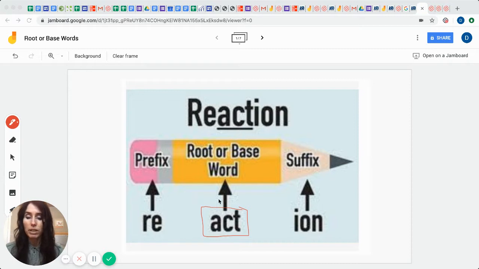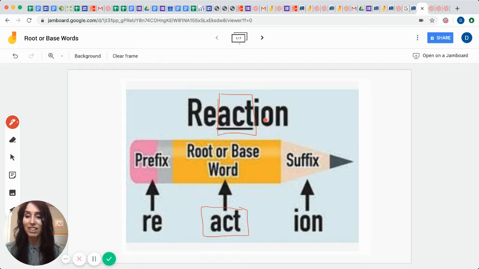Today, our focus is going to be on what these root or base words are. Like in the word reaction, if we go to the middle part of the word, we find the word act. If we know what the word act means, then we should know what the word reaction means.